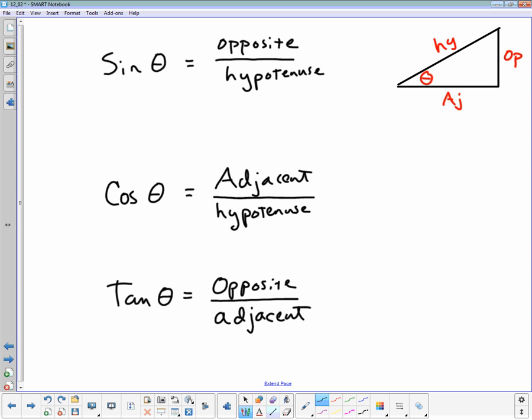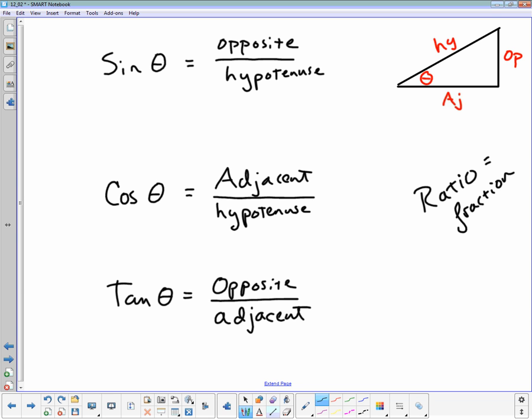These three ratios, and remember, a ratio is nothing more than a fraction, these three things are related to the angle that's involved. They're all related to each other, and this is what trigonometry is.